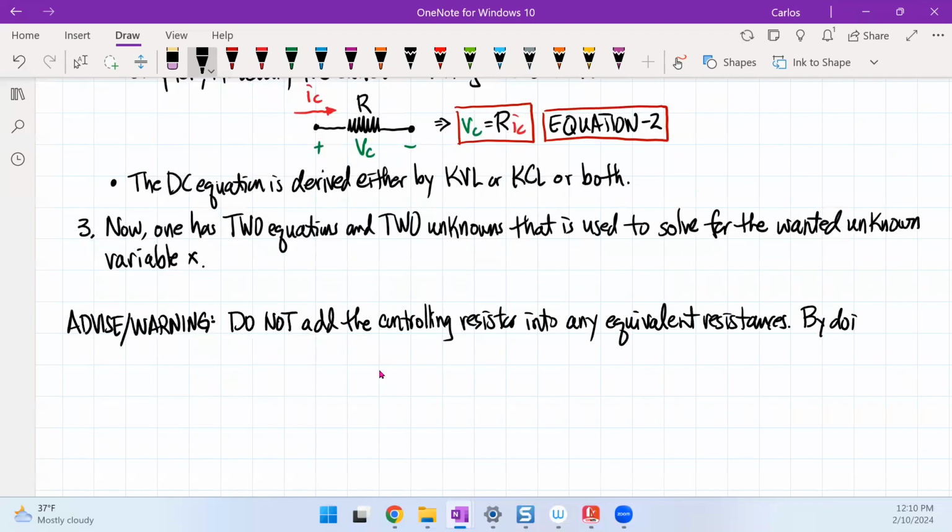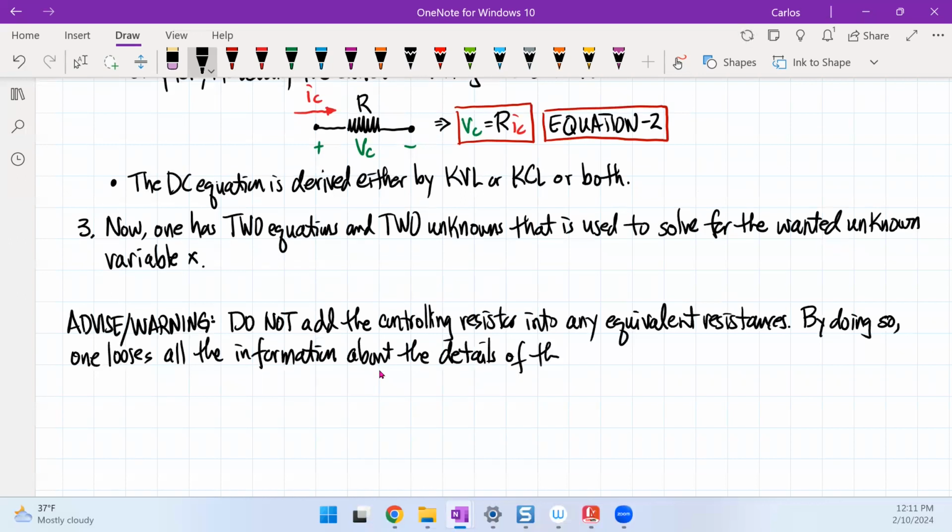By doing so, one loses all the information about the details of the controlling variable.